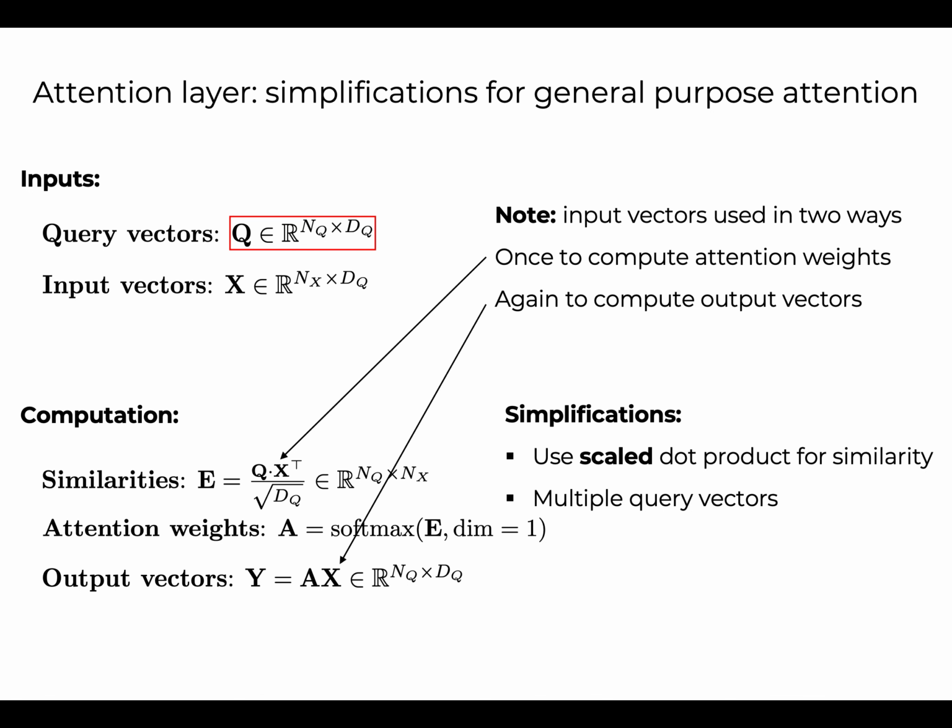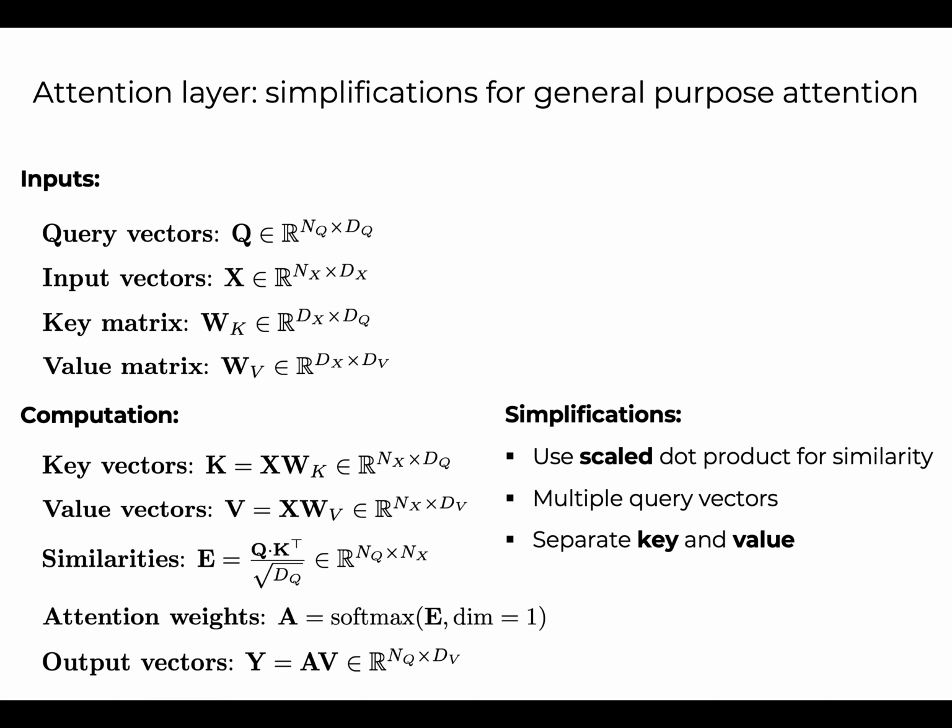So that gets us to our next generalization or simplification, which is to separate the key and value. So we still have as input our query vectors in the matrix, our input vectors in a matrix. But now we also have two matrices, a key matrix and a value matrix. And these are used to transform the input x in two different ways.